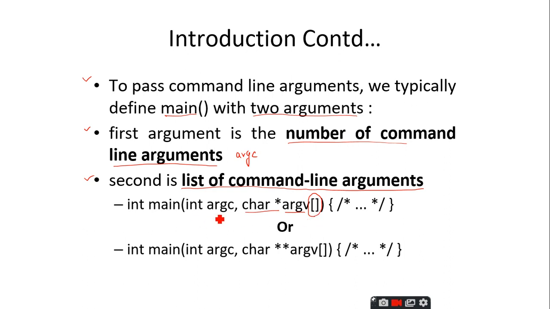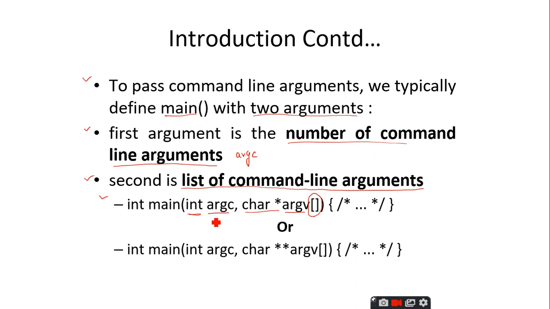And the first parameter, as we have discussed, is the argument count, which gives the number of inputs that you have given along with the program name. Since we are just giving the count, the data type of that variable argc will be integer. So, this is the main syntax that we are going to use for command line arguments, very important.